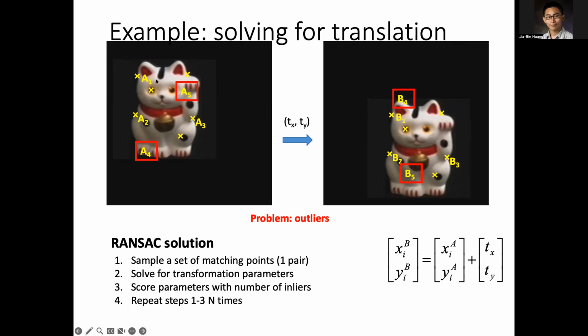What you do is that you apply that tx, ty, that's your hypothesis, and move all the points in image A and shift those points to the second image. And then you check whether that shift can predict the correspondence well, right? Some of them will have a very large error, that's going to be outliers. Some of them are not.